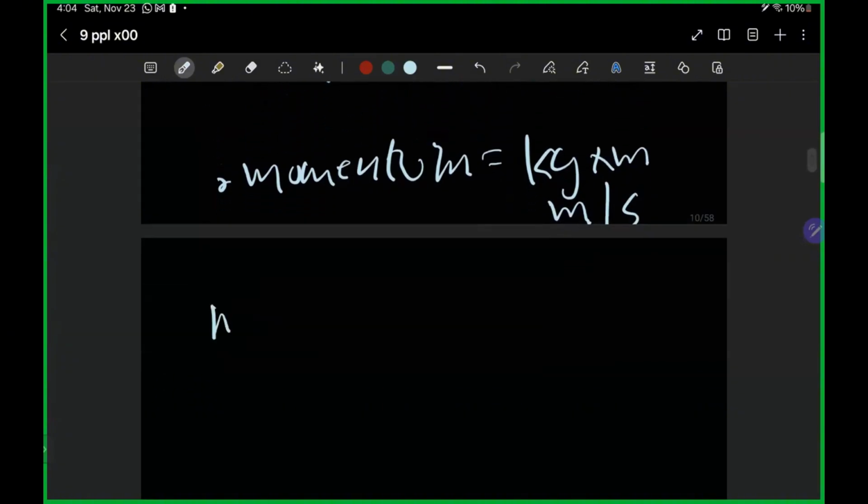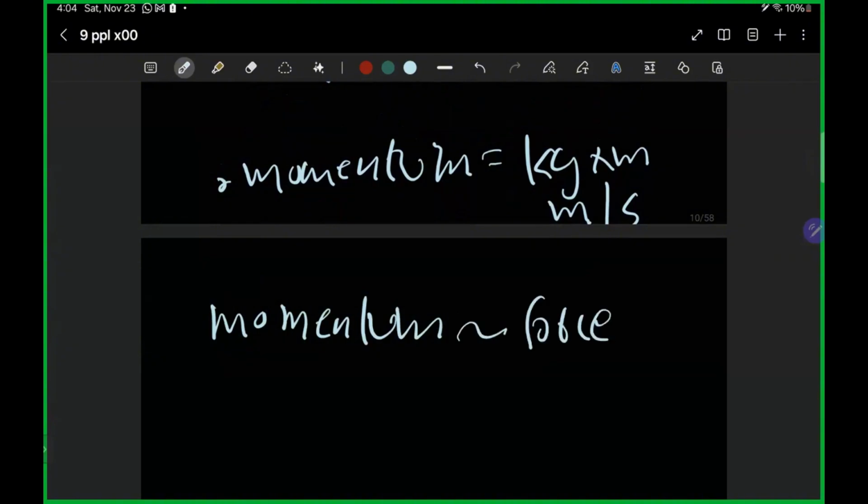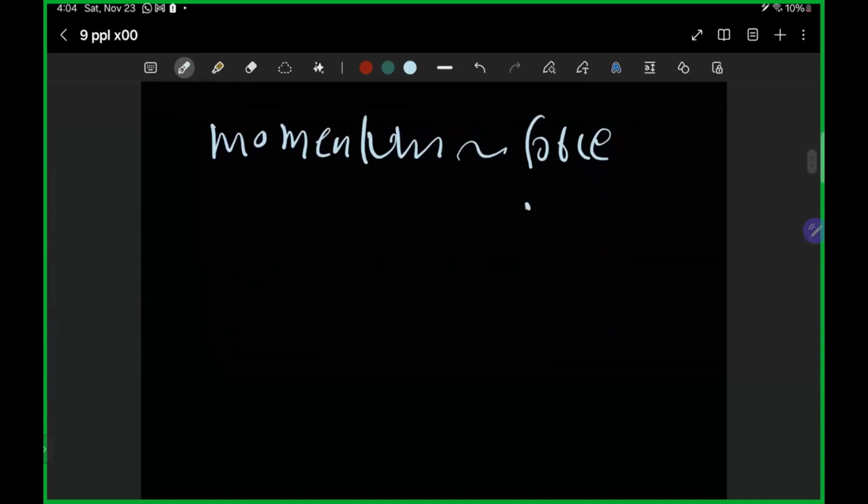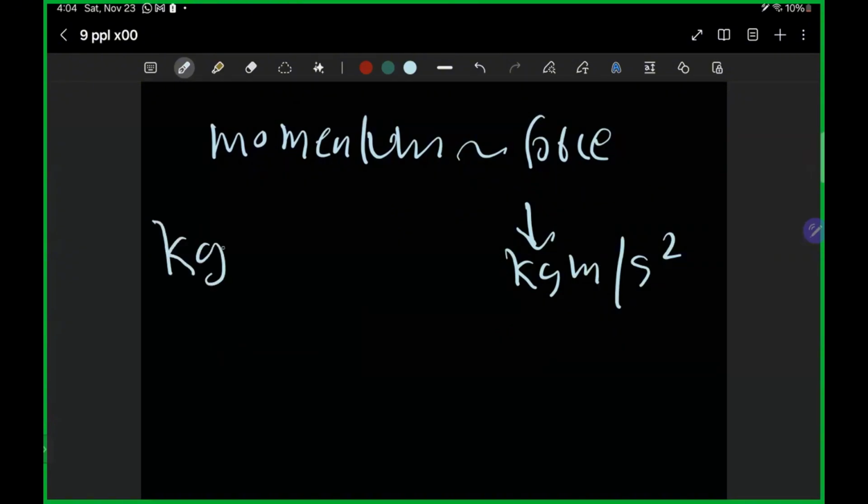But we know that in accordance with force, the unit of force was kg into meter per second square. The unit of momentum is kg into meter per second.